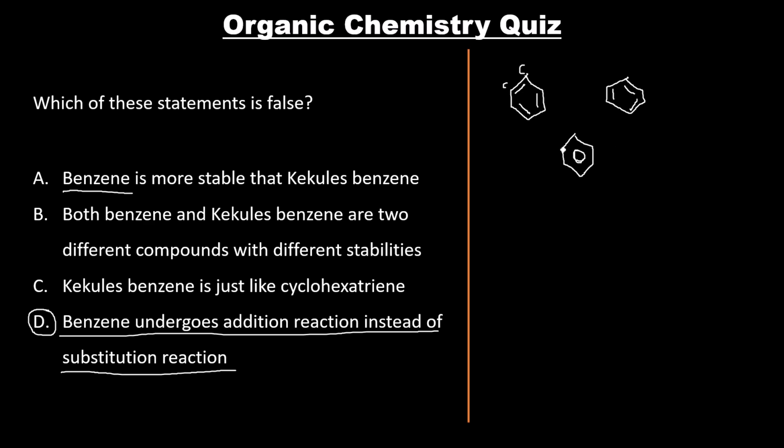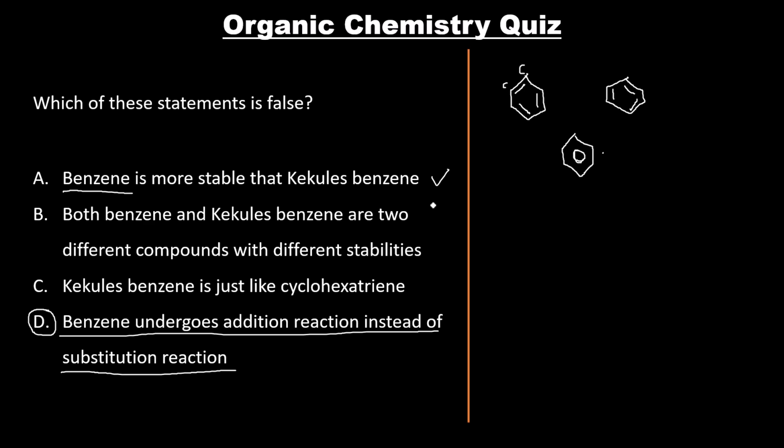You realize that the pi bonds are not localized or fixed between any two carbon atoms, but are represented as this circle between the carbon atoms to show that the pi bonds are evenly spread in the entire molecule. This is a representation of the delocalized electrons. And because of the presence of these delocalized electrons, the modern benzene is more stable than the Kekule structure, which means that this statement is true.